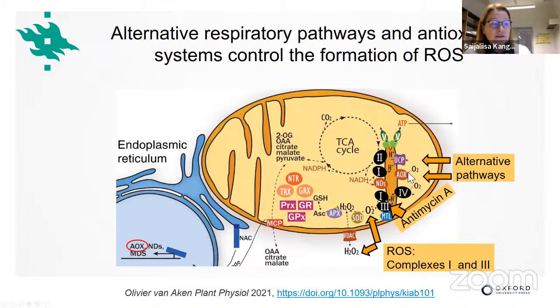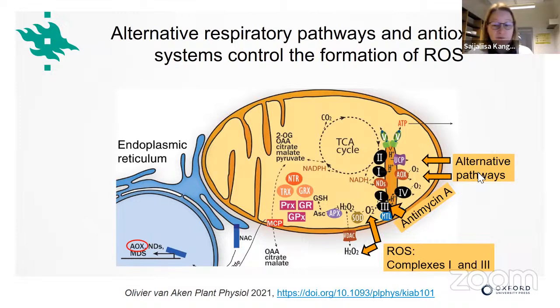And another alternative electron transfer component is a so-called alternative oxidase. And this can quench excess electrons by transferring them to oxygen.